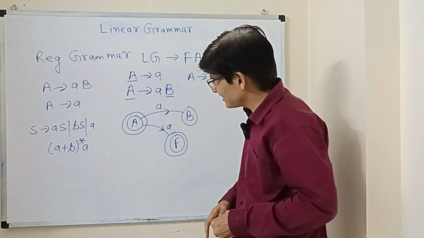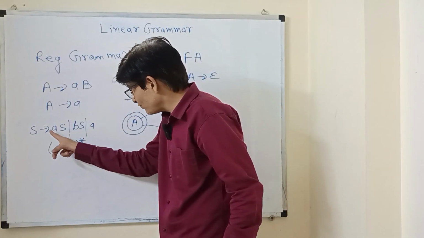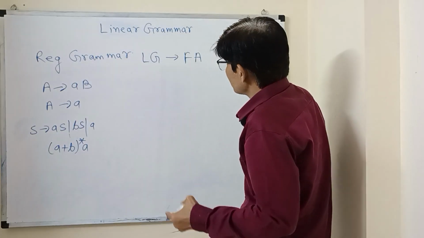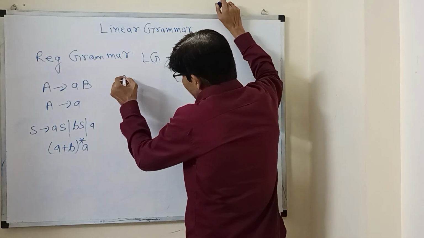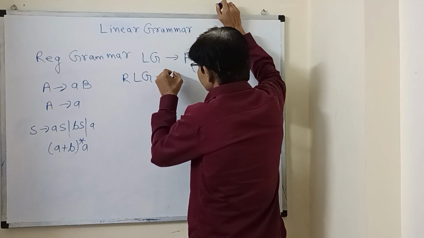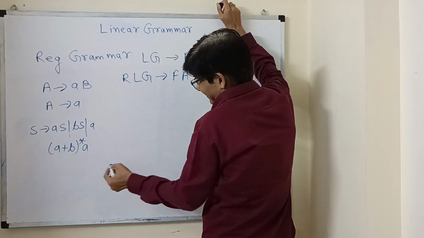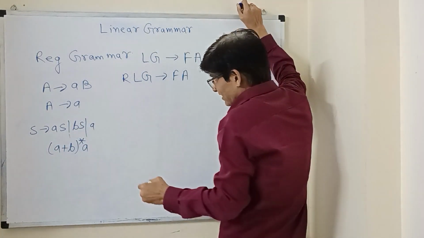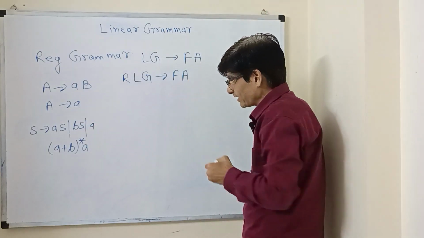Now I will take this grammar as an example and we will convert this grammar into finite automata. So now we will convert a given RLG to FA. This is an RLG, right linear grammar. We will convert this right linear grammar into finite automata.